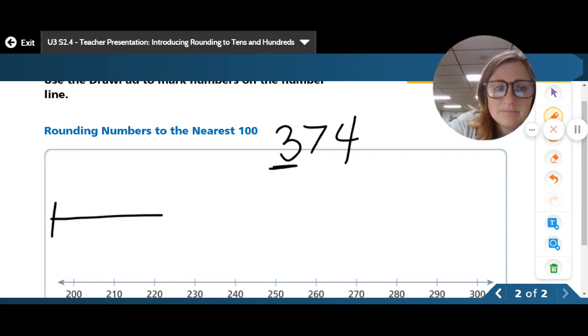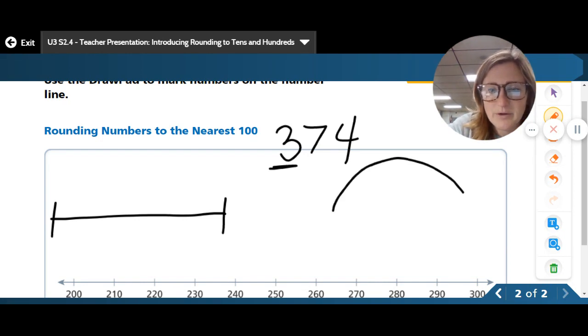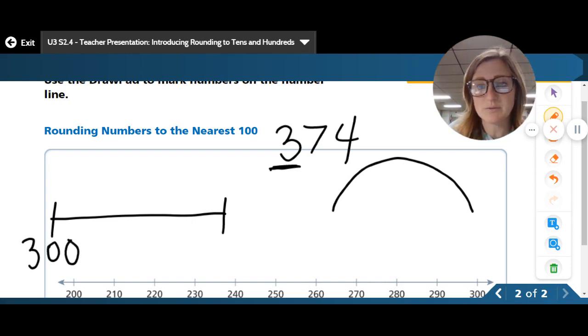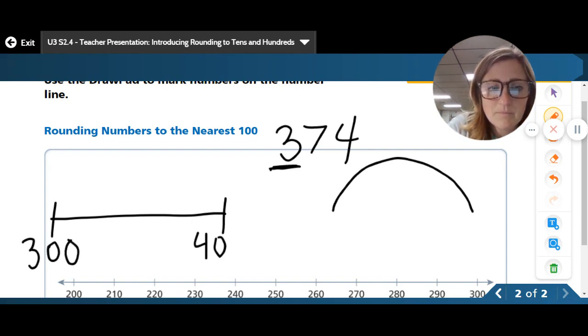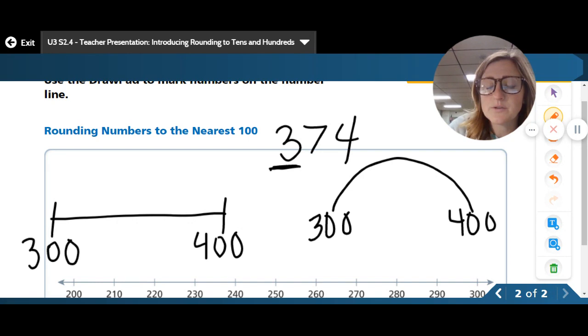I'm going to draw a line or a mountain, rainbow. I'm going to start with 300 because my special number starts with 300. 400's on the other side of that. That's the next 100. And so I want you to think about it.